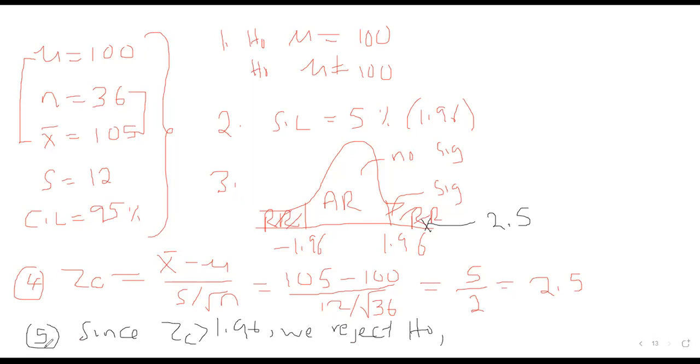What does this mean? There's a significant difference. It means the claim that on average 100 patients of COVID is not true. So we need to really understand how we are moving.